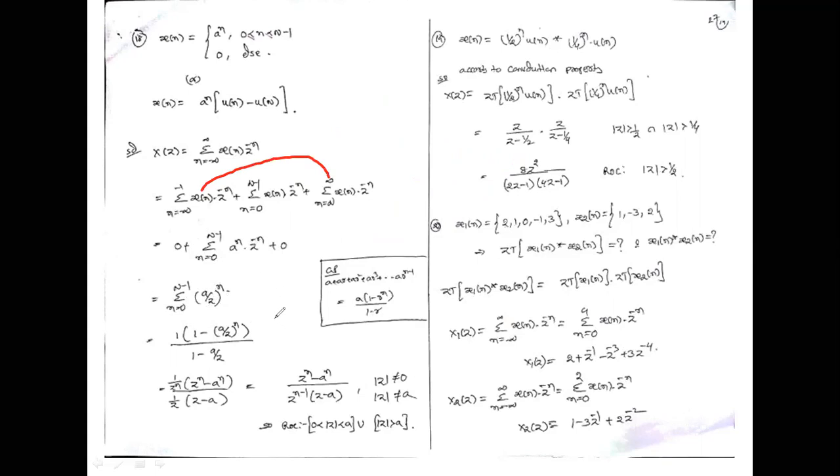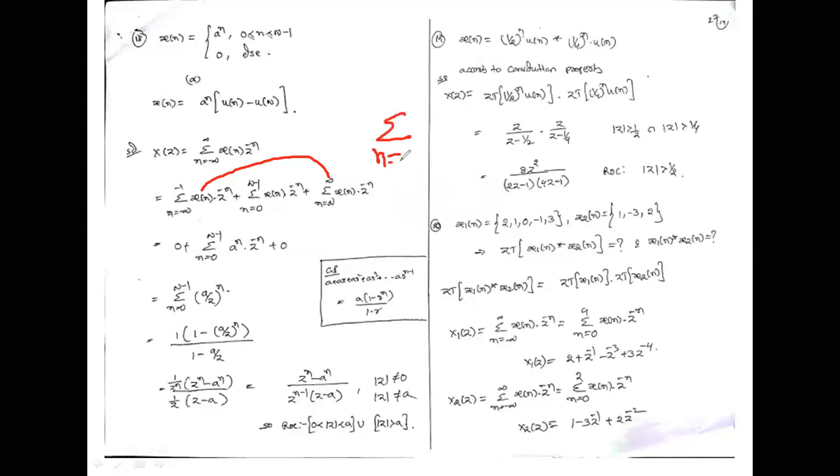Now we can use the same formula we know, n1 to n2. What is n1? 0. And n2 here, now I am using this function.